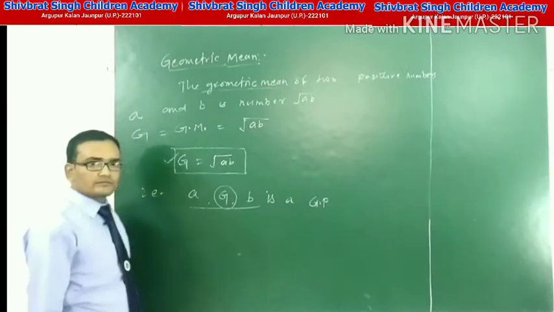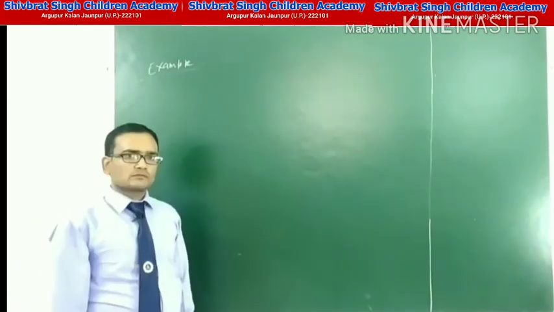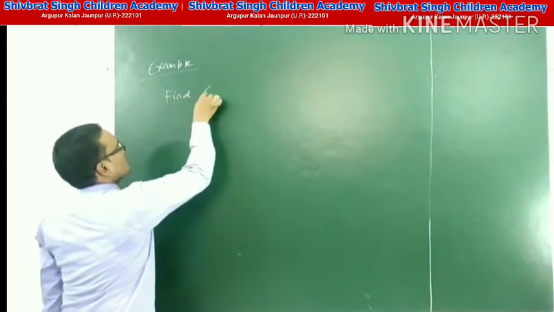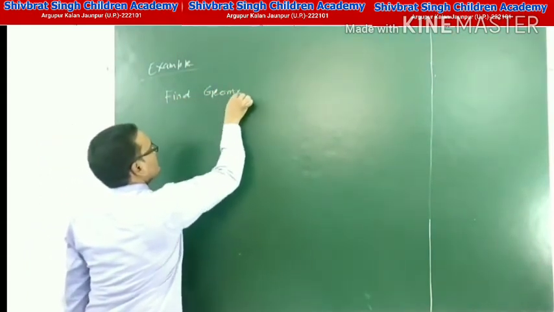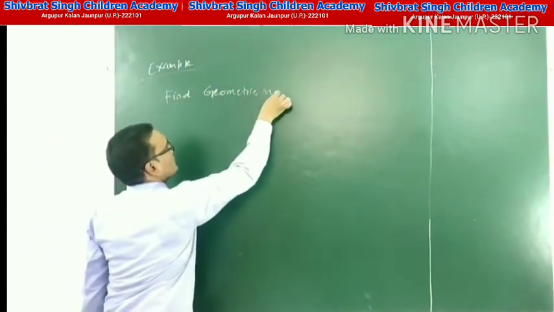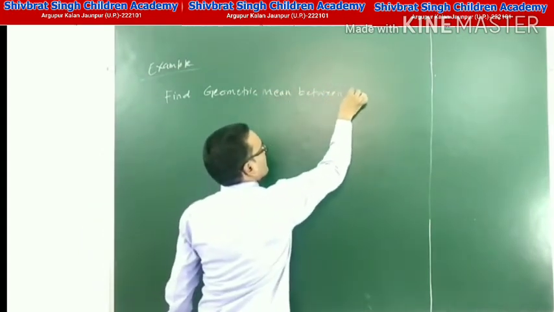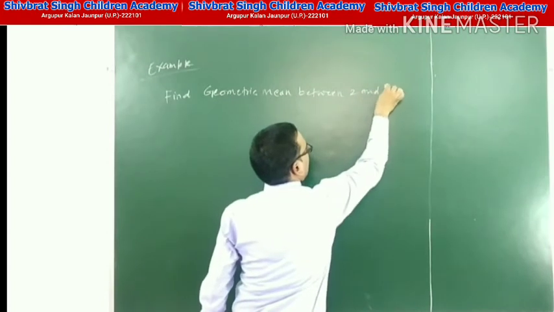Examples: find the geometric mean between 2 and 8.